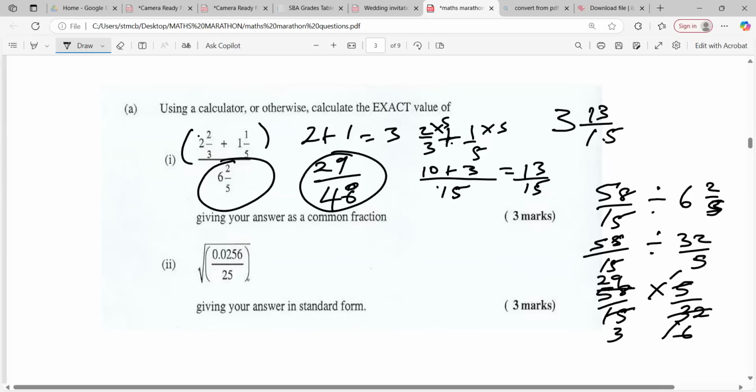So the first part gave me 0.001024. And remember, you have to put it in standard form, right? So I'll find the square root of this now. So we'll calculate again. 0.001024.